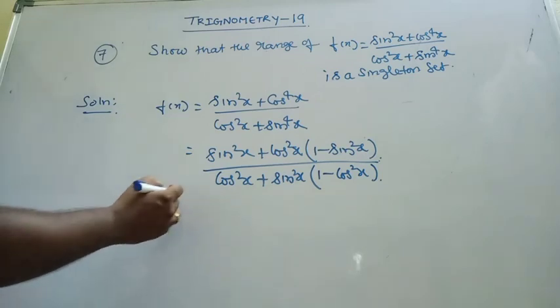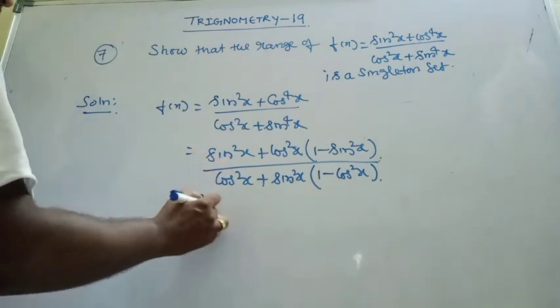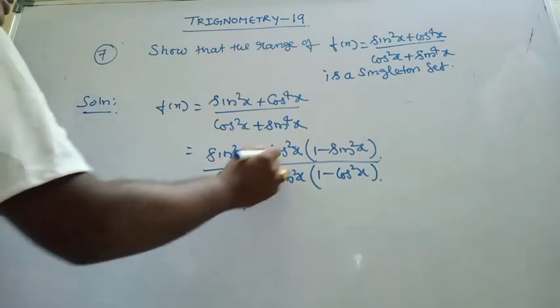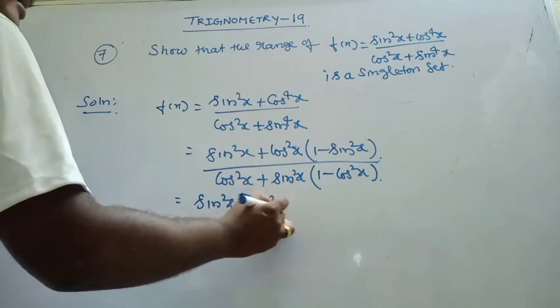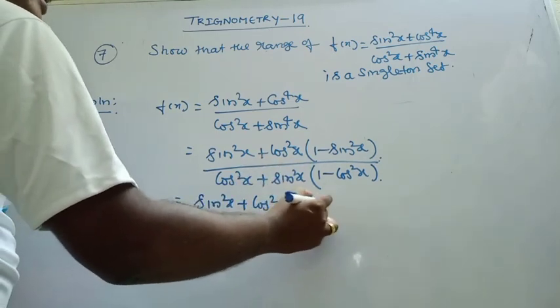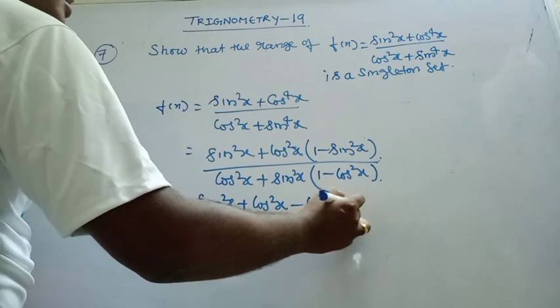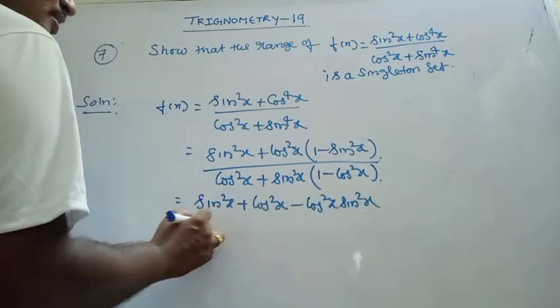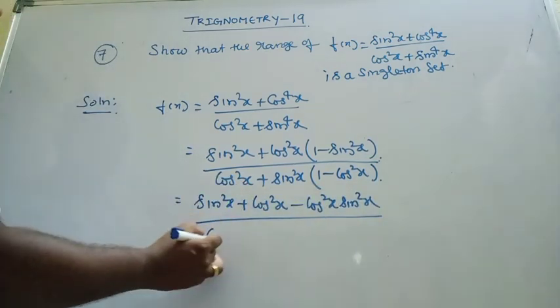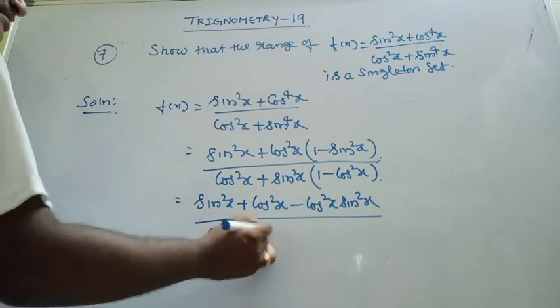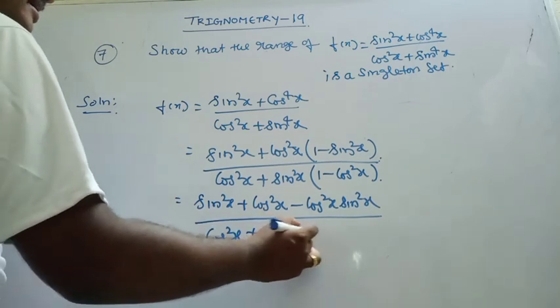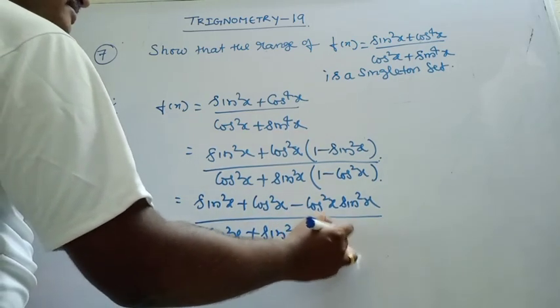Now see, my dear students, the numerator becomes sine square x plus, if you multiply, cos square x minus cos square x sine square x. Whole thing divided by cos square x plus sine square x minus sine square x cos square x.